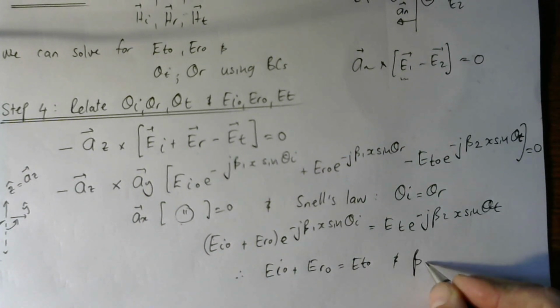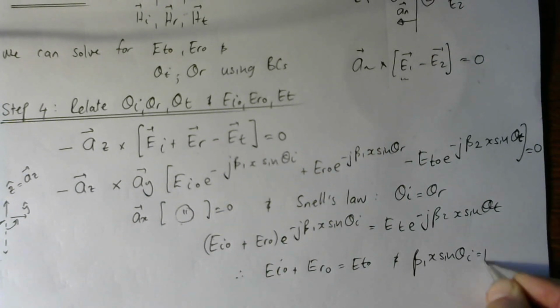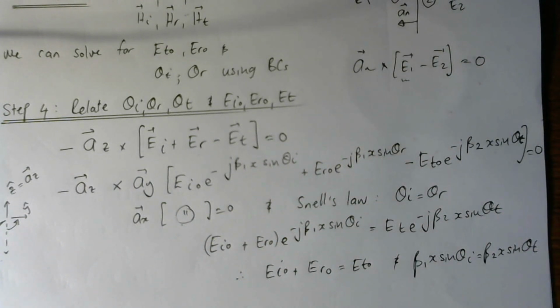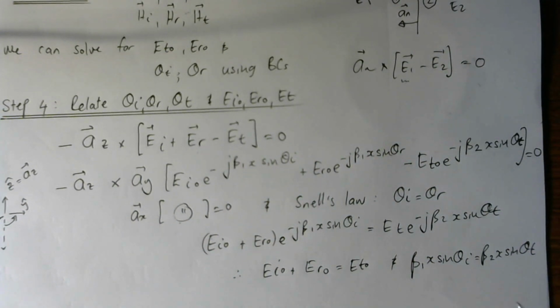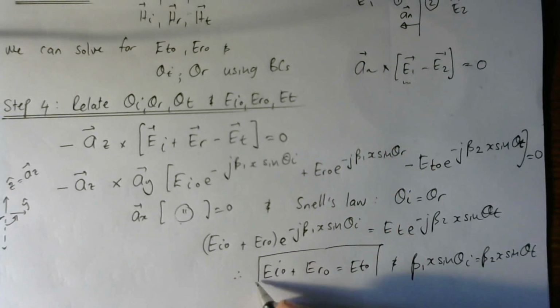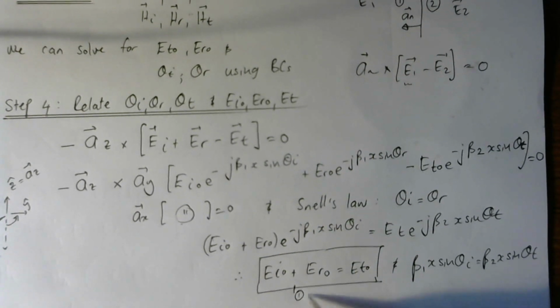So beta 1 x sine theta I is equal to beta 2 x sine theta t. Awesome. So that is a fairly important result. That's one equation. Remember, eventually I want to solve ER0 and ET0 in terms of EI0. So I have one equation in which I can do that.